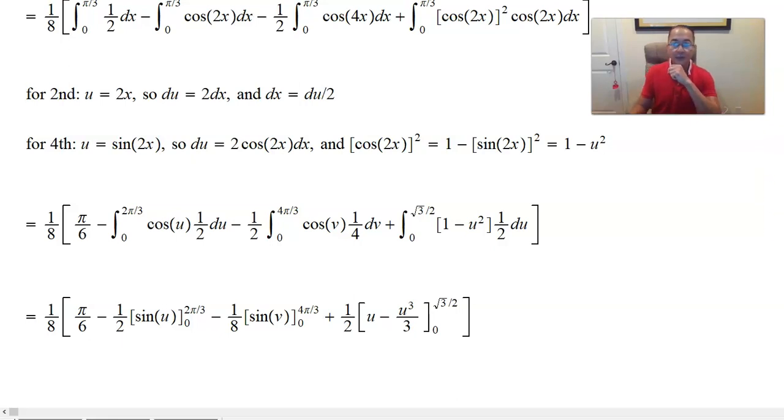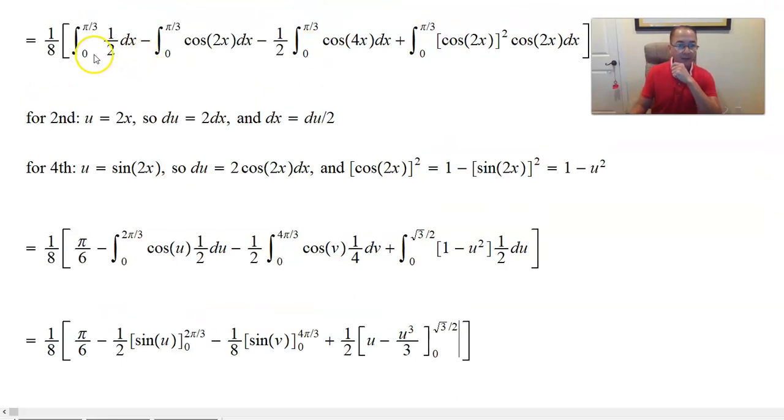Okay, so let's do a quick check here. So 1/2 dx, that just integrates to 1/2 x from 0 to pi over 3 is pi over 6. We have minus cosine u du. So this is the part that I really want to make sure we did it right. 1/2 goes out. Integral of cosine is positive sine, so the minus stays minus.